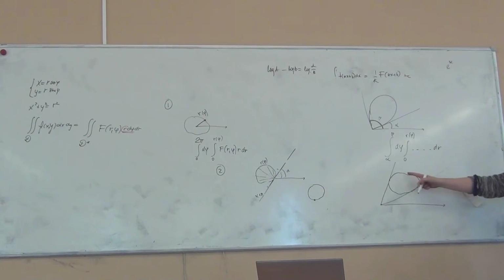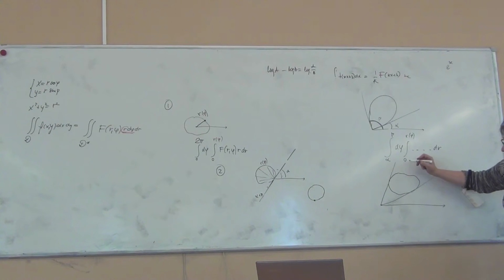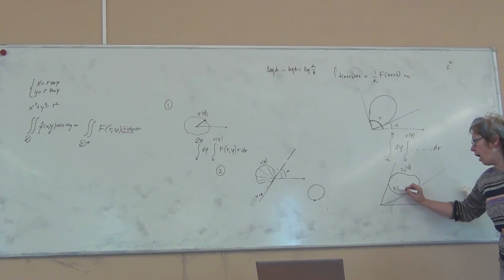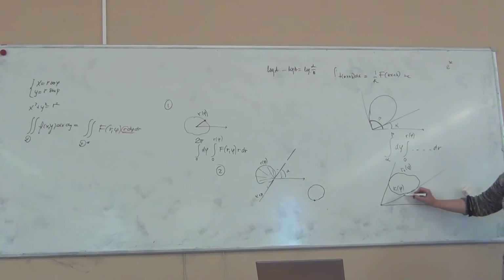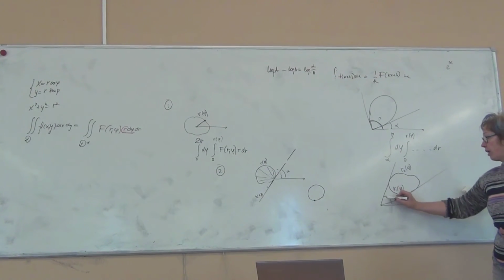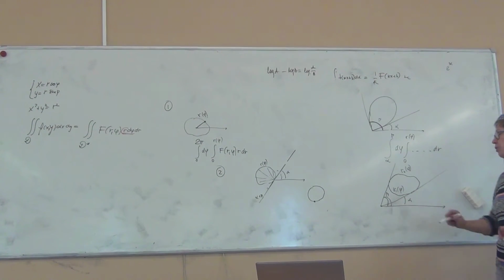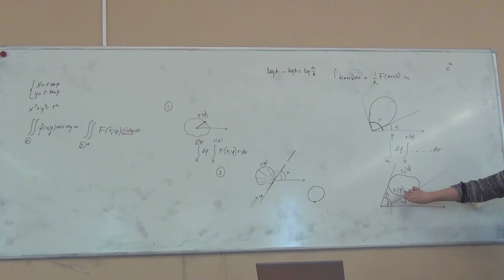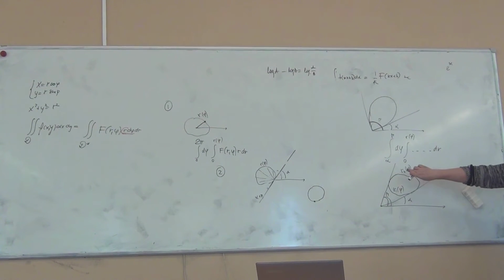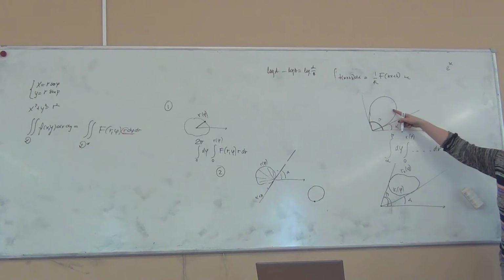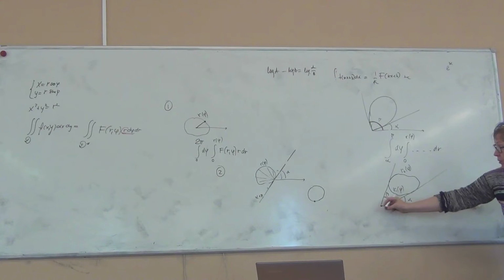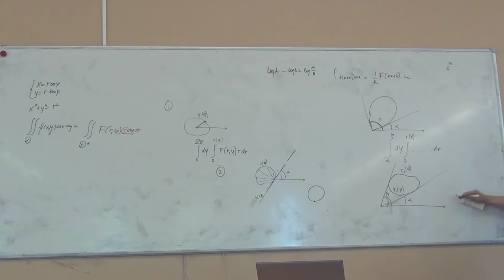We should split the boundary of this region into two parts. So this would be R2, some function, and this would be R1 depending on phi. So we have one angle, we have the other angle for the tangent lines, and then R would go from R1 to R2. Not from 0 to the boundary line, but from the first boundary line to the second boundary line. So this is the third typical situation.